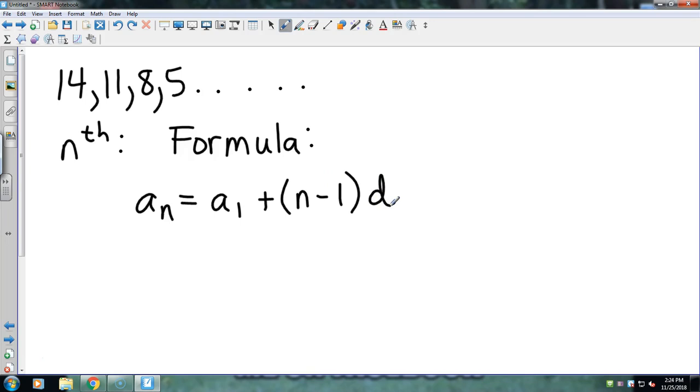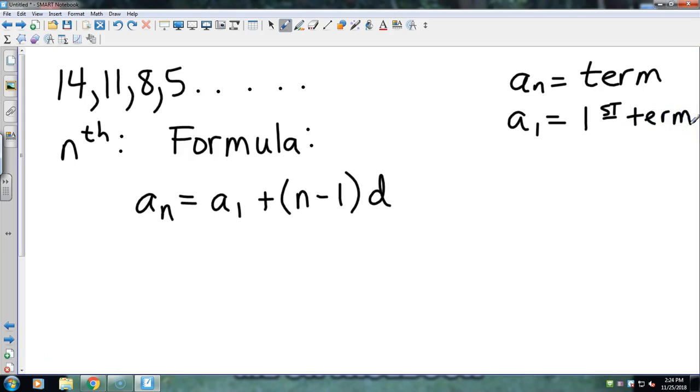Let me put a little ledger over here. a sub n is the term we're trying to find. a sub 1 is the first term of the sequence. n is the number of the term we're trying to find.